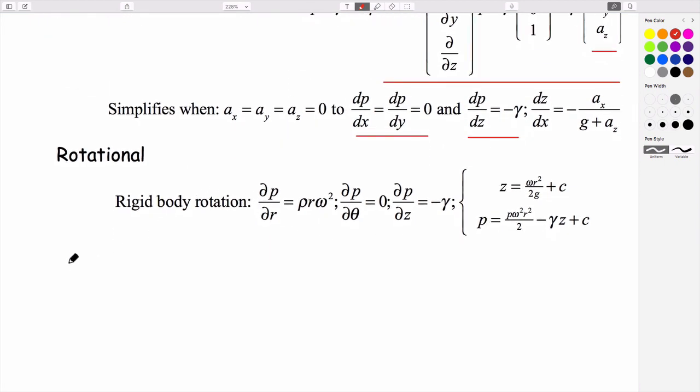And so what we'll do is we'll look at two things. We'll look at linear accelerations, and we'll identify two questions. First is the orientation of the free surface.